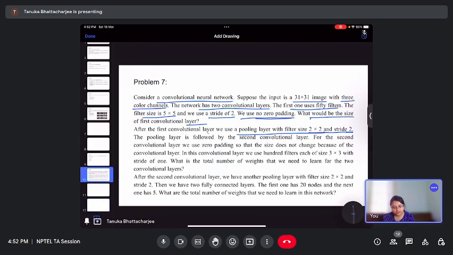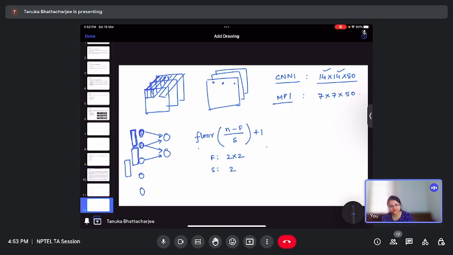Then the pooling layer is followed by the second convolutional layer. For the second convolutional layer, we are using 0 padding so that the size does not change because of the convolutional layer. Whatever convolutional layer we use, after this we use 0 padding appropriately so that the dimension is not changed.